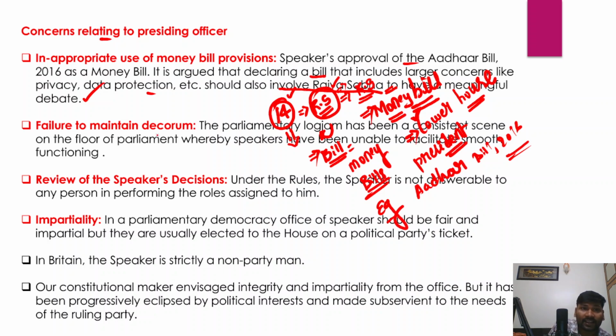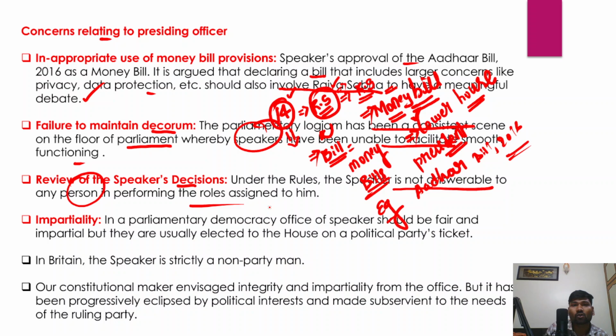And failure to maintain decorum is also another major problem here, because parliamentary logjams have been consistently seen on the floor of the parliament, whereby speakers have been unable to facilitate smooth functioning. And then, review of the Speaker's decision. Under the rules of the House, the Speaker is not answerable to any person in the performance of his or her roles which are being assigned to him constitutionally.